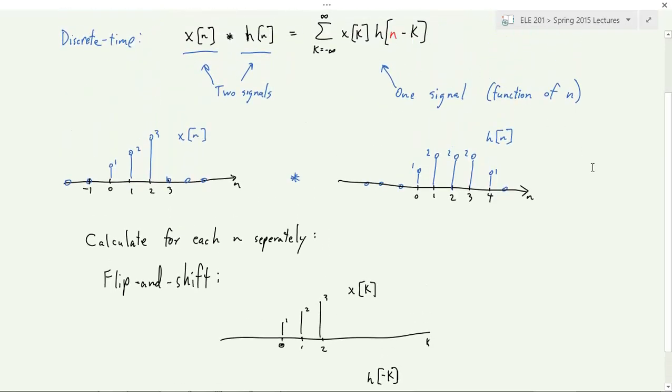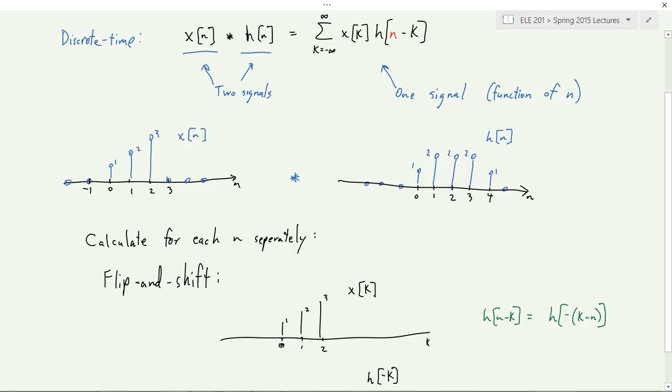Okay, I'm going to represent h of n minus k in a convenient way. For the sake of thinking of this as a flip and shift, think of h of n minus k equals h of negative k minus n. Okay, of course that's equal. But think of it that way because we're plotting with respect to k. We're used to seeing things written this way.